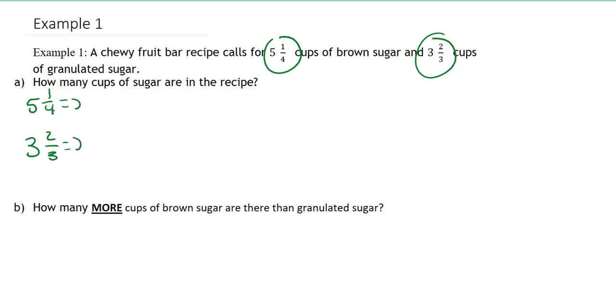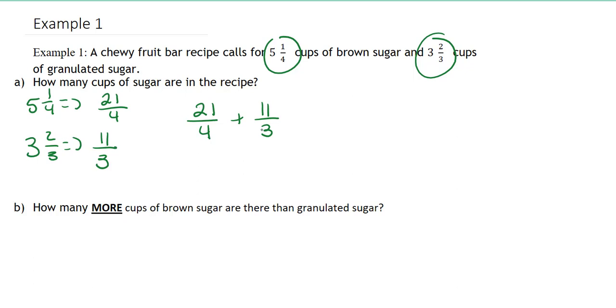So we have 4 times 5, so that's 20, plus 1 is 21, over 4. Then below we have 3 times 3, so that's 9, plus 2 is 11, over 3. So we're going to go ahead and add these together. Notice we have a 4 and a 3, so they're not the same denominator.